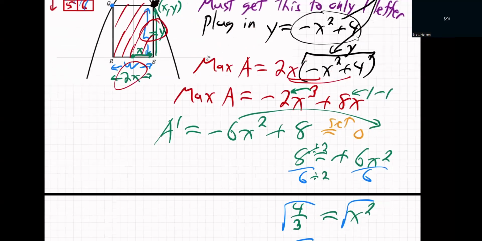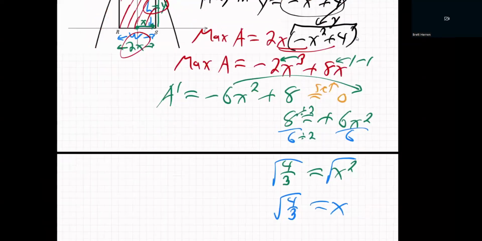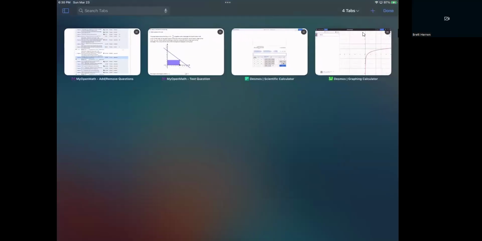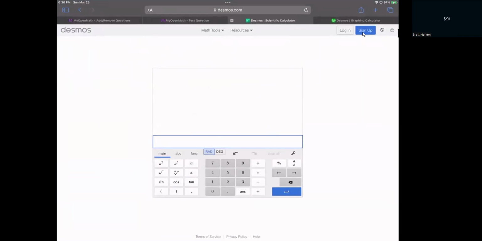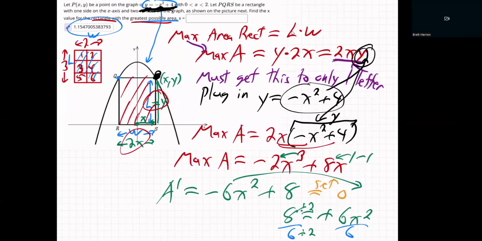Is that what they wanted from us? Yeah, so we're going to hit the buttons on the calculator. Hopefully we'll get that same answer. For the Desmos, square root of 4 thirds, 1.1547. There we go.